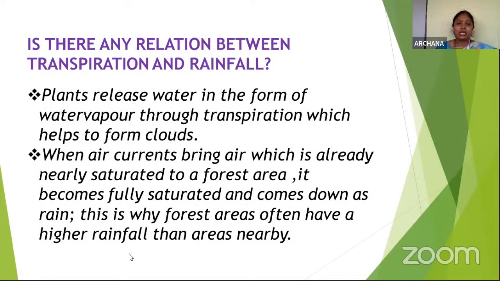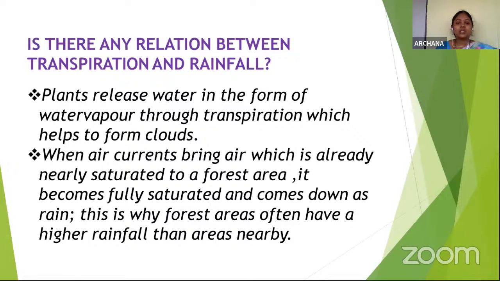Is there any relation between transpiration and rainfall? Yes, there is a relation between transpiration and rainfall. Generally, rainfall will be high in the forest areas. The reason is, in the forest region, we find more trees, and when all those trees do transpiration, all that water is released in the form of water vapor, which enters the atmosphere and forms clouds.